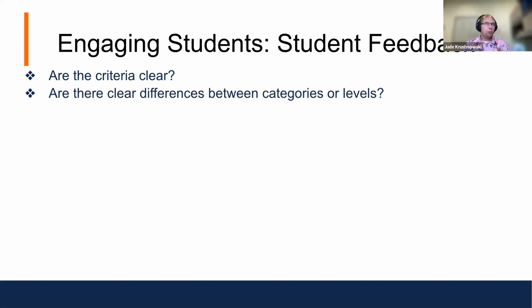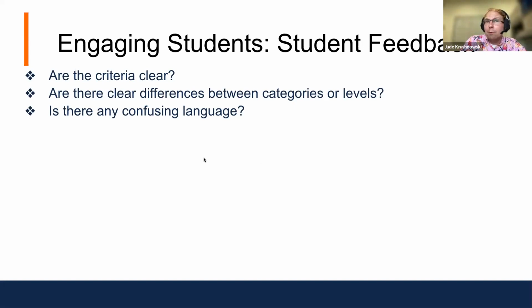Do you understand what the difference between excellent and good is, or between good and approaching? And maybe students will say yes, maybe students will say no, maybe they'll be puzzled. But one strategy is just to get that student feedback, so that we're not just saying, here's the rubric, now follow it, because if students don't understand the rubric, then they can't use it to self-assess, and they can't use it to guide their performance in our classes and on their assessments.